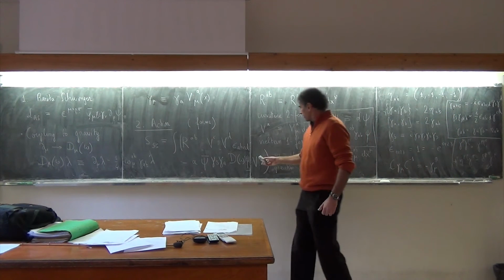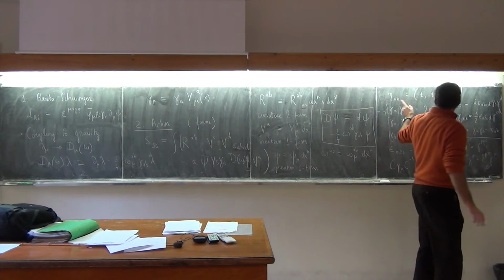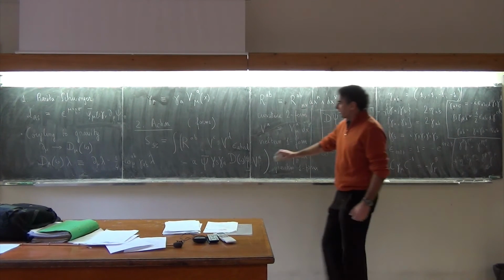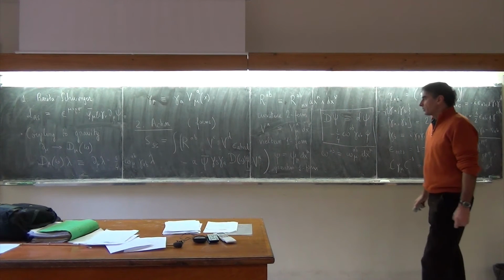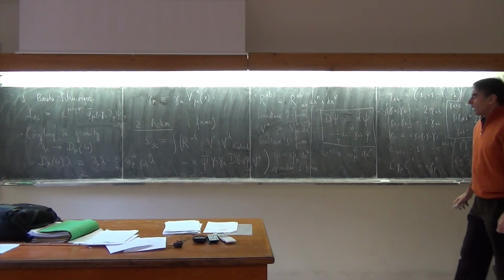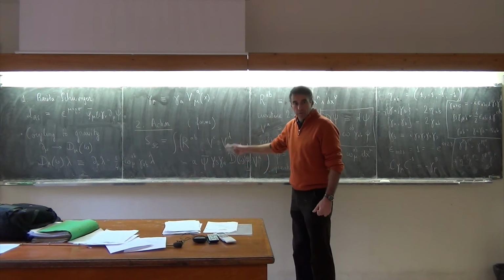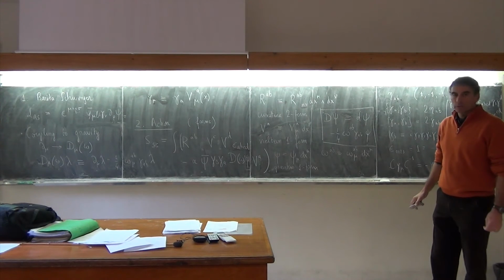And all these contractions are done with eta AB, which is the Lorentz invariant metric. Then this whole thing is invariant under local Lorentz rotations, and it is invariant under general coordinate transformations. Now there is a third invariance in this action, supersymmetry, which we will discuss in detail.